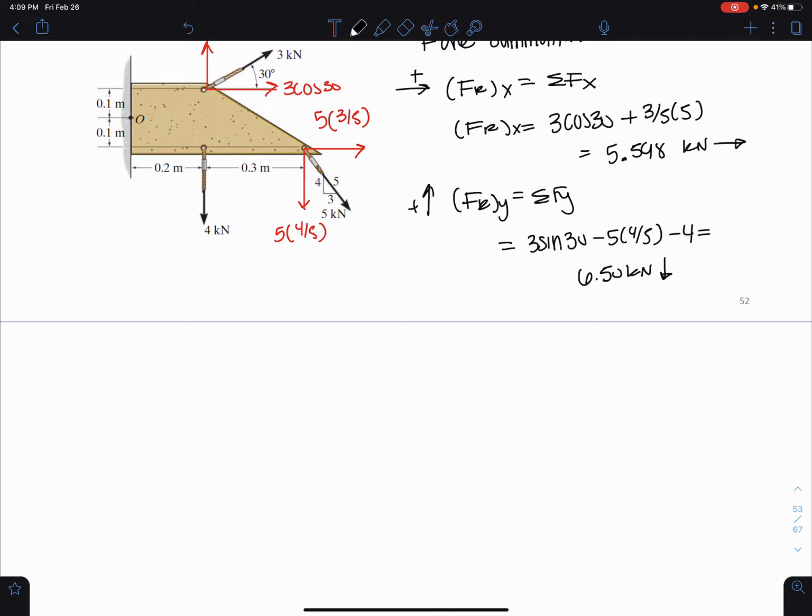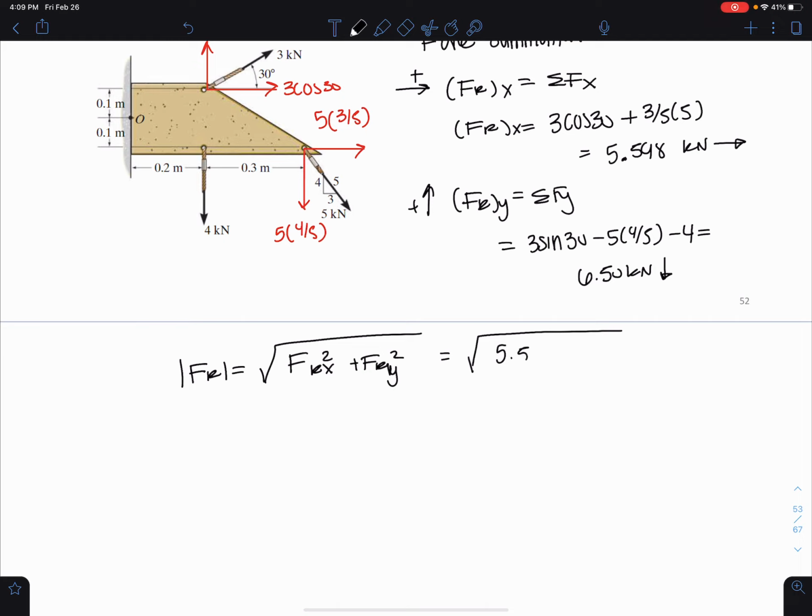And from the Pythagorean theorem, I can say that the resultant force is equal to the square root of FRX squared plus FR in the y squared, and I get 5.598 squared plus 6.50 squared, and that is the resultant force.